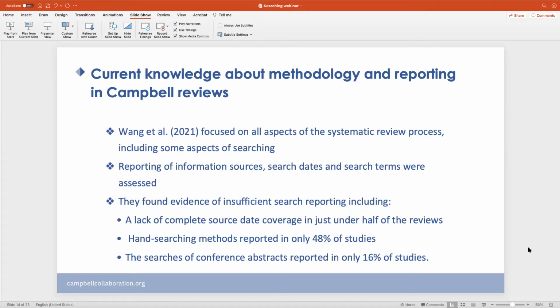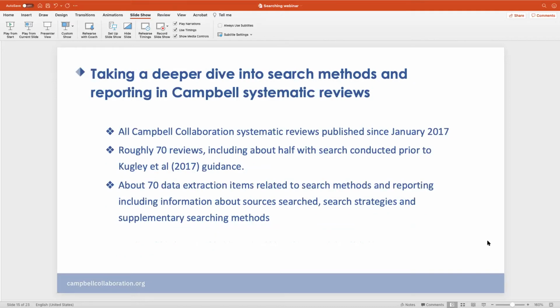And so what we are looking to do in our work is really take a deeper dive into the search methods and reporting aspects of Campbell systematic reviews. So to do this, we're going to be looking at reviews published since January of 2017. And we chose this date limit in part because we really want to understand current practices around searching in Campbell reviews.